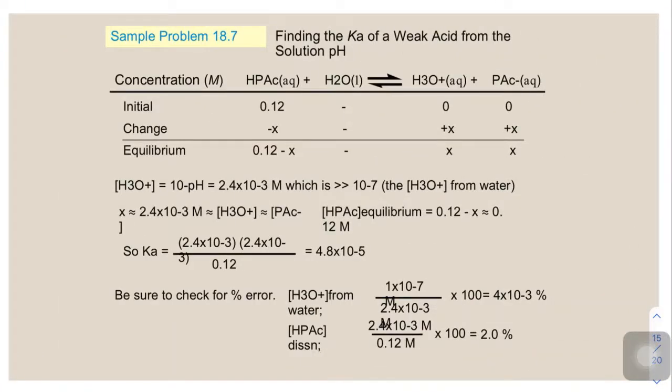So construct the ICE table. The initial concentration of the HPAC that is given is 0.12 molar, changes negative x, plus x for H3O+, and x for PAC minus. At equilibrium it will be 0.12 minus x, x, and x.